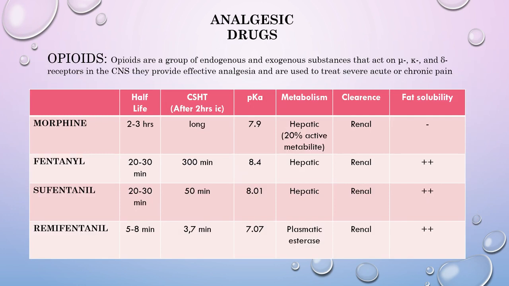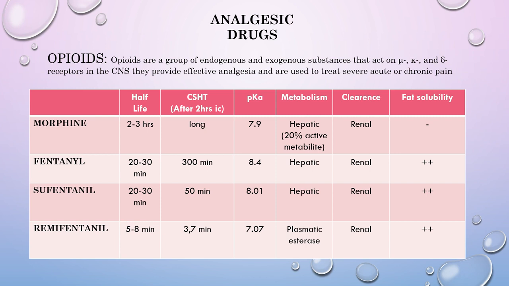Among all the analgesic drugs, opioids are maybe the best choice. Opioids are a well-known group of substances that act on mu, kappa and delta receptors in the central nervous system. They provide a powerful analgesia, both for acute and chronic pain.